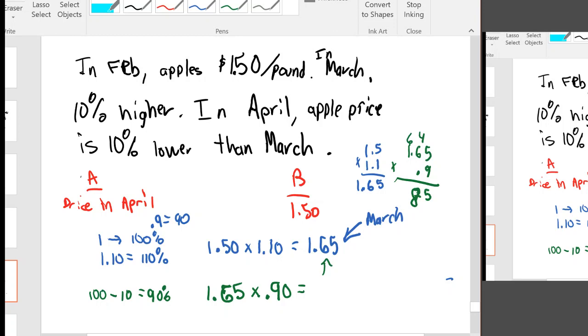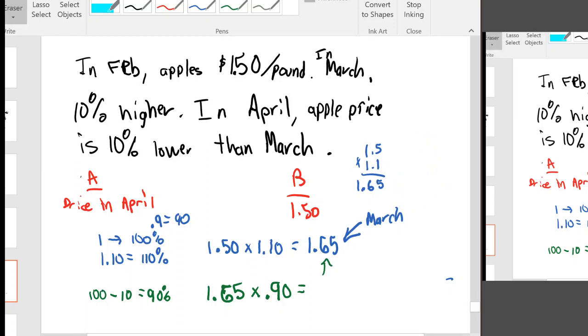Sorry, this is not right. Oh, whoops, that's a simple mistake. All right, now let me just double check I did my math right here. Okay, I made a simple error somewhere. Oh, yeah, I see where it is.